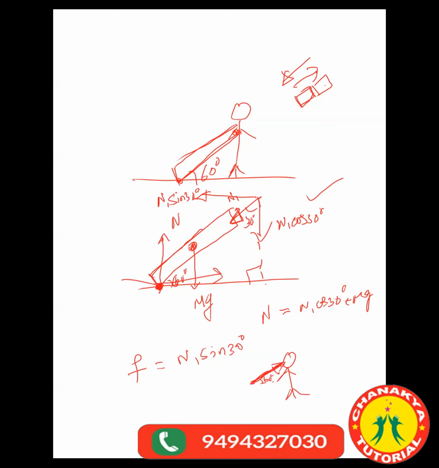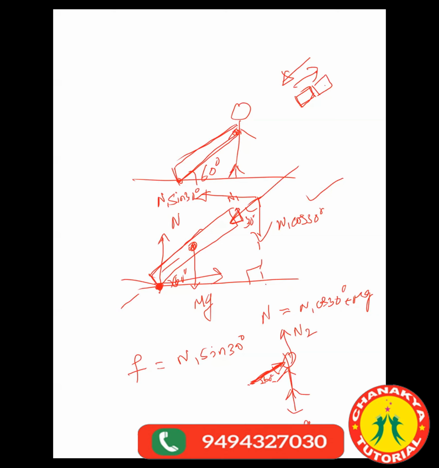Correct? No. So this line is making 60 degree angle with horizon. And mass mg he will experience like this. So from here normal from ground will come like this, correct? No, let's say n2.